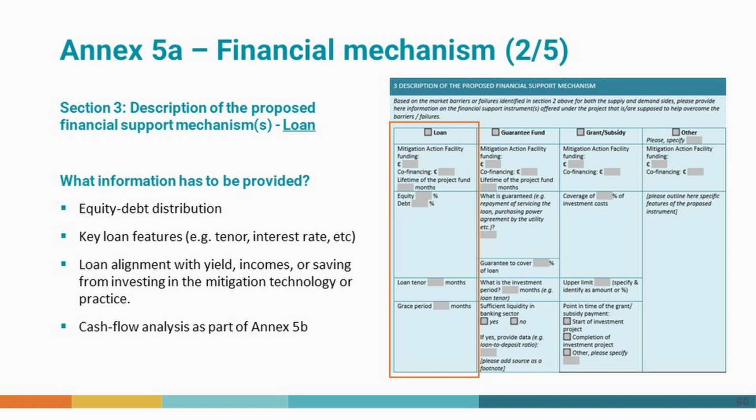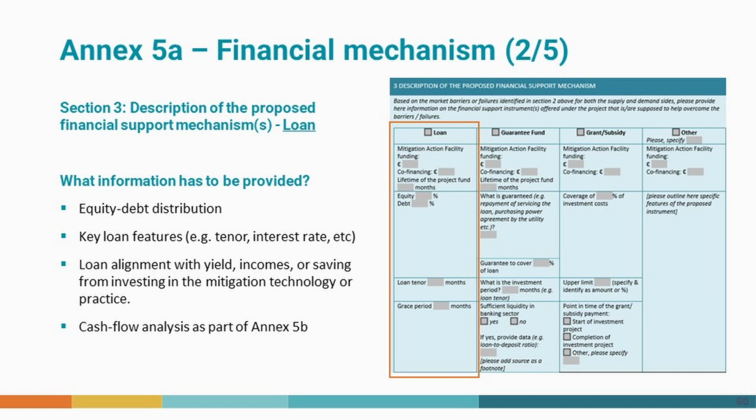Slide 2. If your project is proposing loans to support the investing into mitigation technologies or practices, you are asked to provide information such as the lifetime in months of the fund providing the loans to the investors, as well as the expected distribution of debt and equity needed to complete the investment.